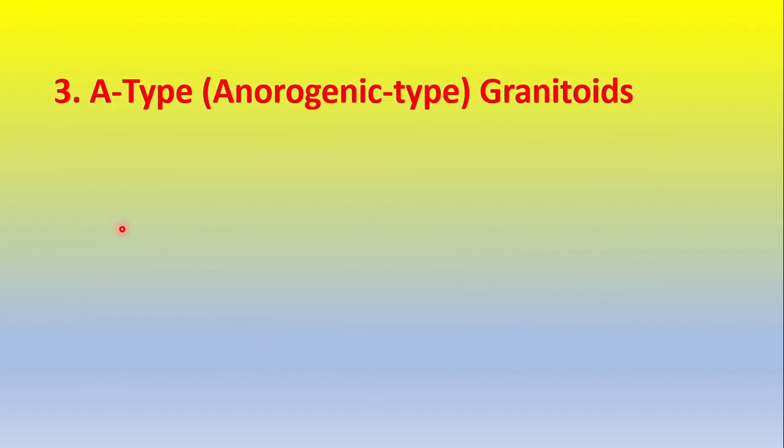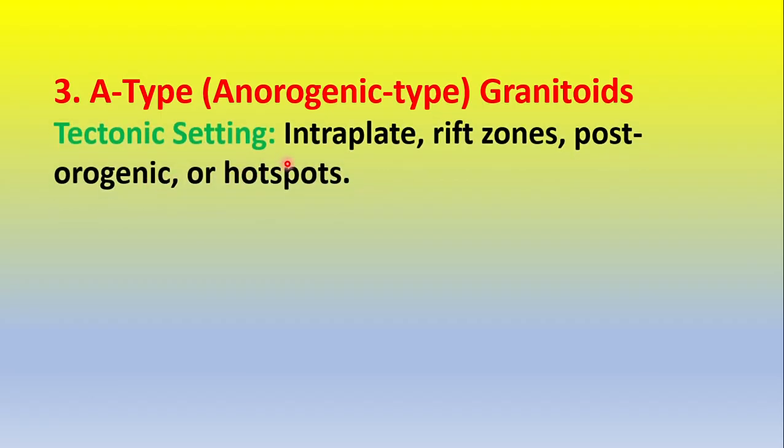Next one, A-type granitoids. A-type granitoid is also known as the anorogenic type. This is associated with the intraplate setting. Intra means within the plate, and rift zones form where plates diverge from each other, as well as post-orogenic settings or hot spots.